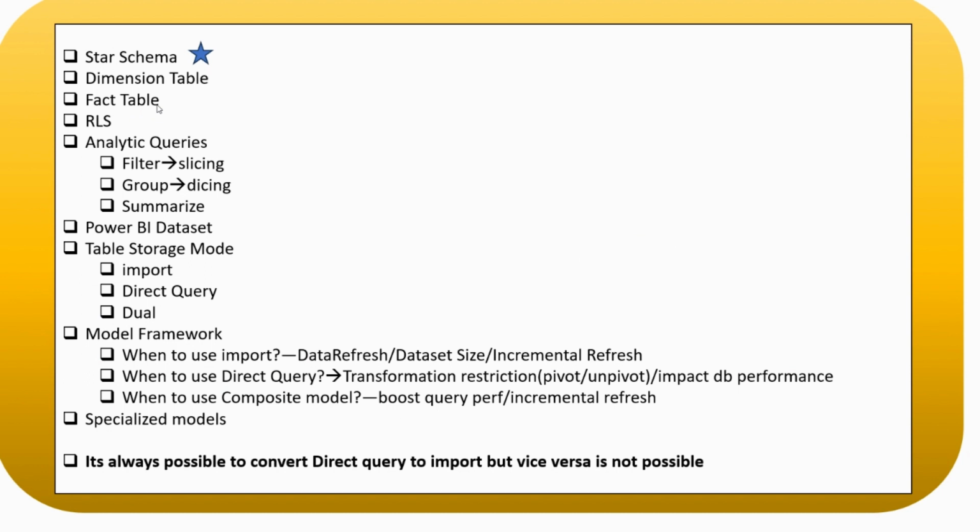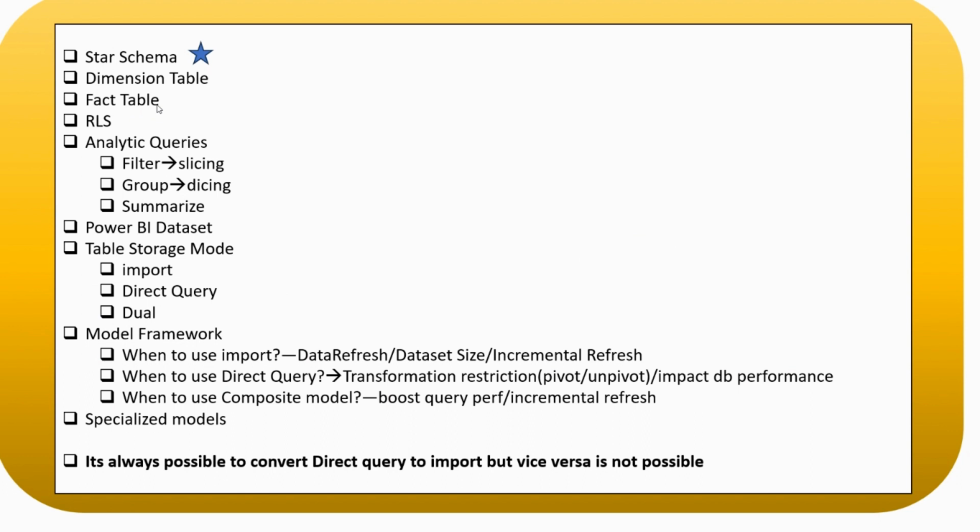How much quantity, the number, and how much price, the total price, and the currency format, whether it is dollar or rupee. These are all important numerical things that will be stored inside a fact table.